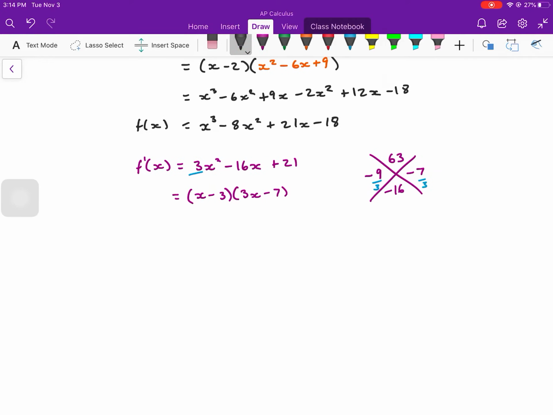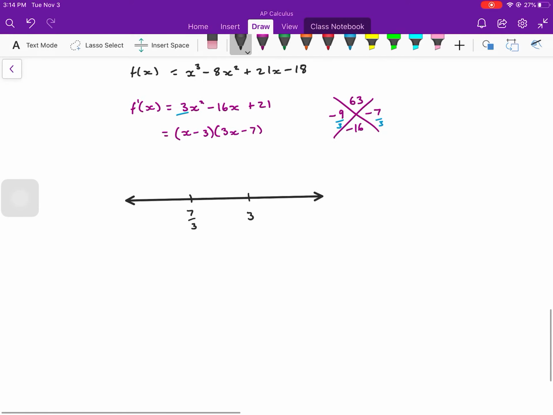So our zeros will be 3 and 7/3. So 7 divided by 3, 3 goes into 7 2 times, 1 left over, so it would be 7/3, and then 3. So now we've got to test them. If you plug in 0, that's negative times negative, which is a positive.